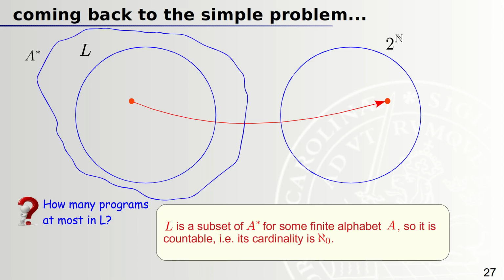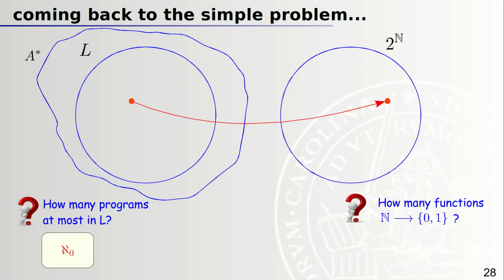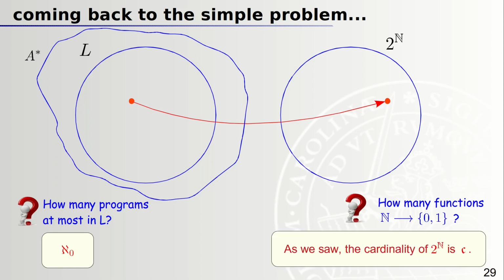Well, since L is a subset of some A star, it is countable, so its cardinality is at most Aleph 0. How many Boolean functions on the natural numbers are there? Well, as we just saw, the cardinality of that set is C.